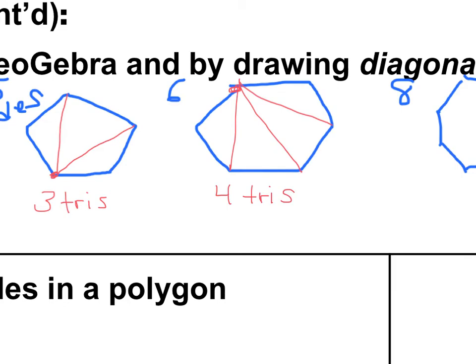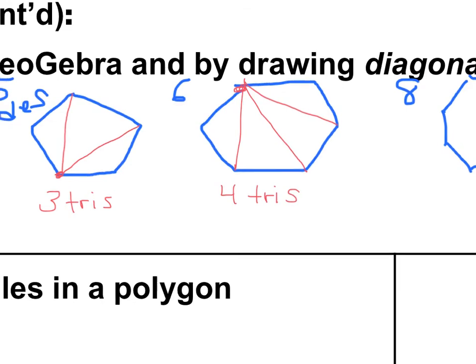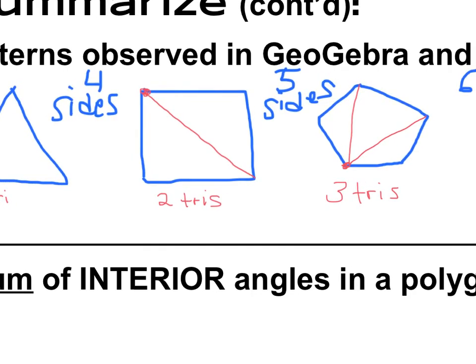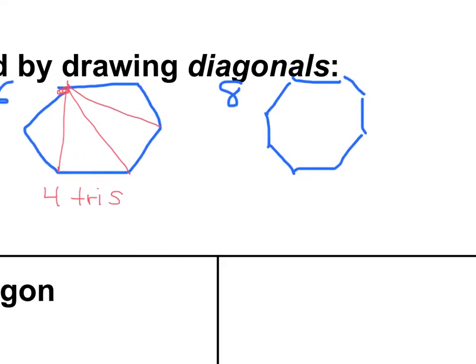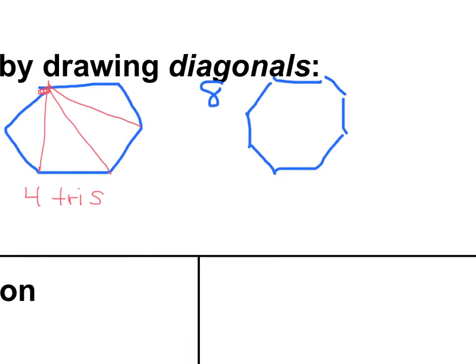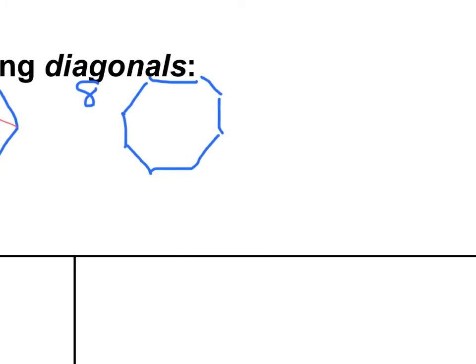Thinking about the patterns that you've seen so far, we've got 3 sides is 1 triangle, 4 sides is 2, 5 sides is 3, 6 sides is 4. What do you think 8 sides is going to be? Any guesses? I'll just draw them in: there are 5 diagonals that can be drawn in, and that creates 6 triangles.